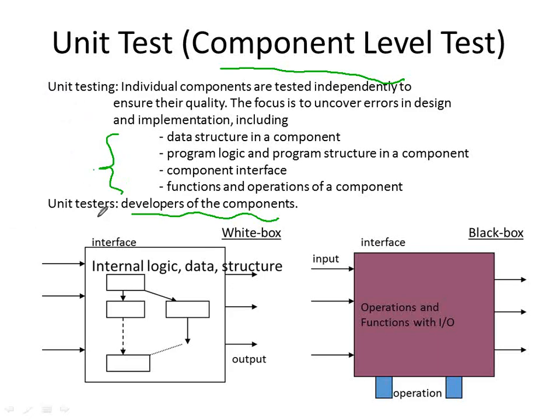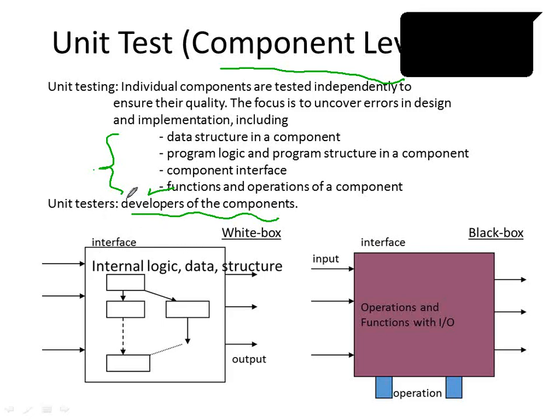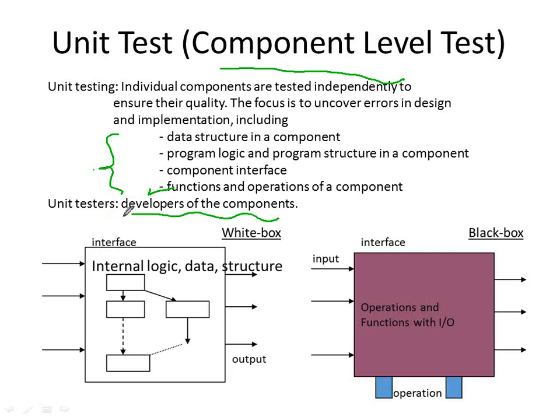What you do in QA testing is you test for the data structure, you test for the program logic, the component interface, and then function.